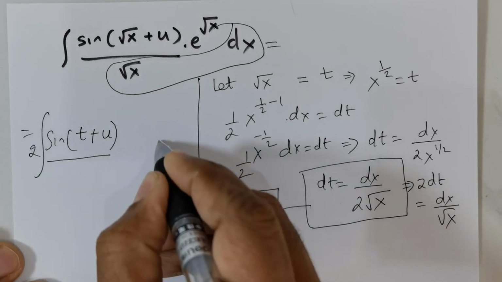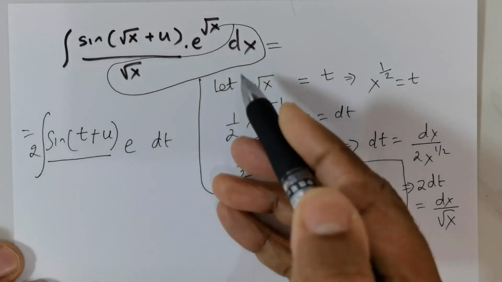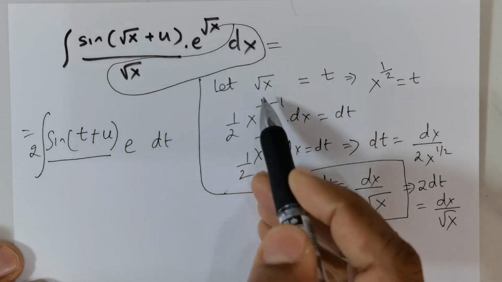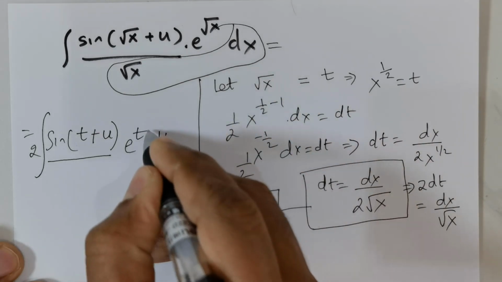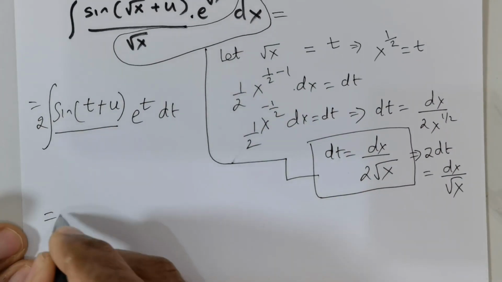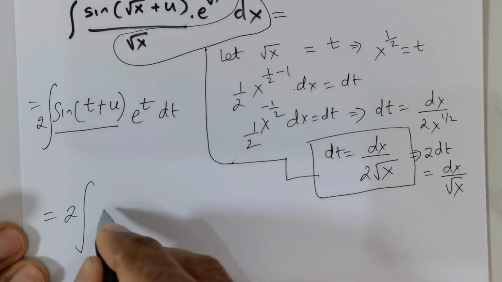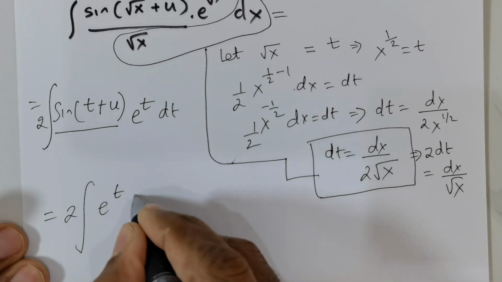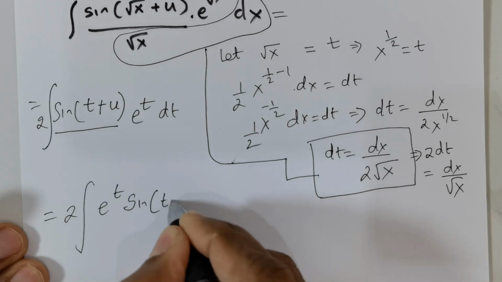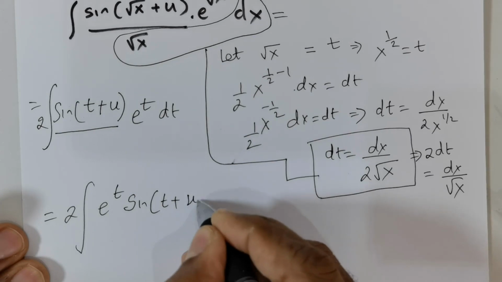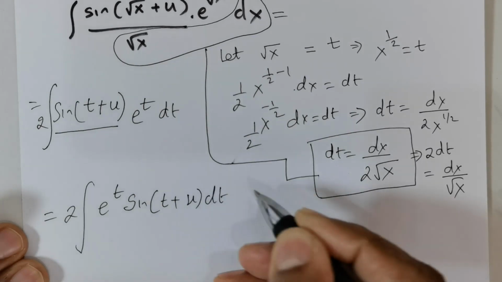I'll write the 2 there. I'll place the dt here. Now you have e raised to the power of root of x. Root of x is t. Now this is equal to 2 times integral e raised to the power of t multiplied with sine of (t plus u) dt. Okay.